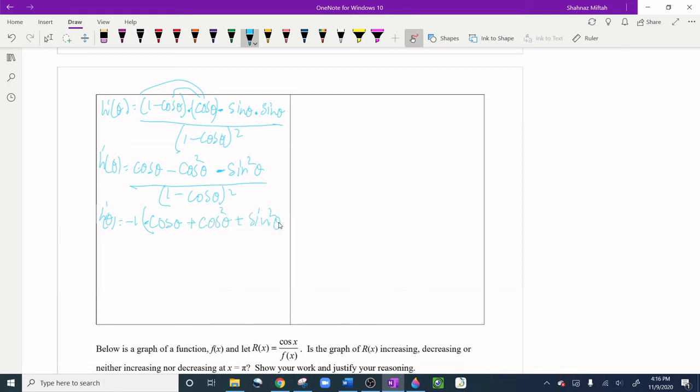Plus sine square theta over 1 minus cosine theta whole square. Now, if you guys pay attention closely here, this is my identity, which equals 1. I can apply that. So I got -1 times cosine theta plus 1, over 1 minus cosine theta whole square.